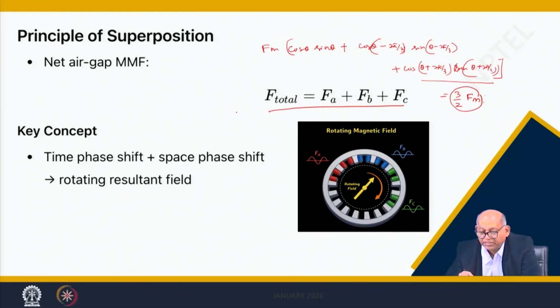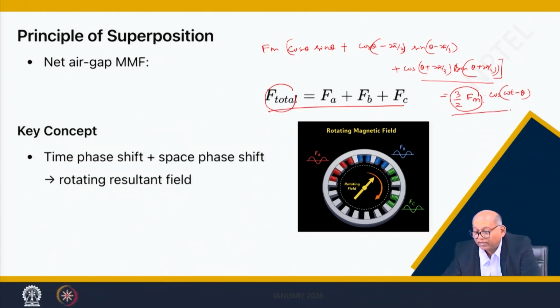Okay. That means this resultant MMF is a constant in magnitude. It is not changing, it is rotating. At one point, this resultant MMF will become cos of omega t minus theta.